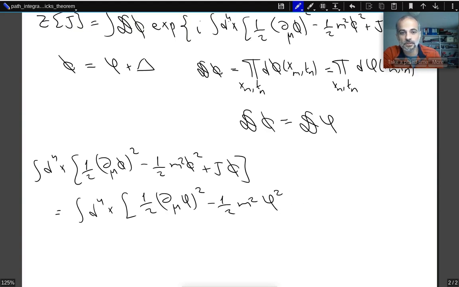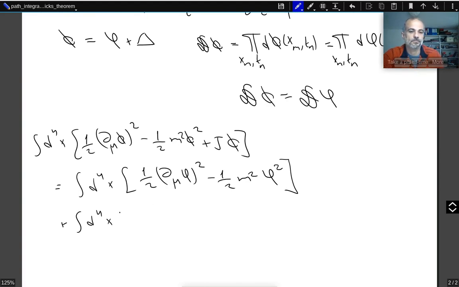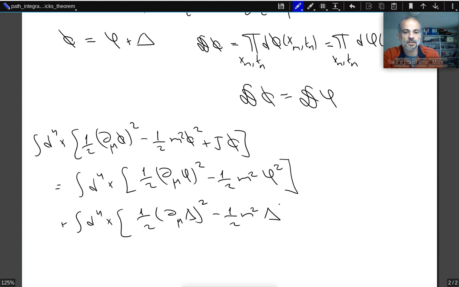This is the term I want. But there are additional terms, plus d4x 1 over 2 del mu delta squared minus 1 over 2 m squared delta squared plus j delta.